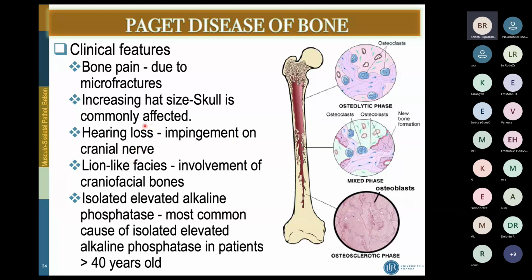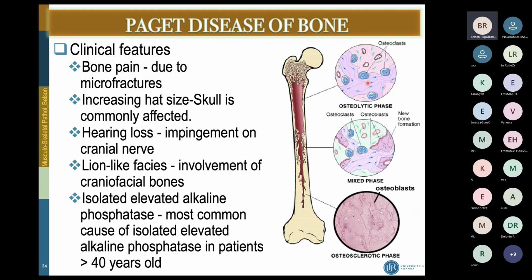You remember we saw this also in other diseases affecting the bone. Lion-like faces, involvement of craniofacial bones. Isolated elevated alkaline phosphatase; saying that it is isolated means it is not accompanied by an increase in vitamin D or calcium and so on.